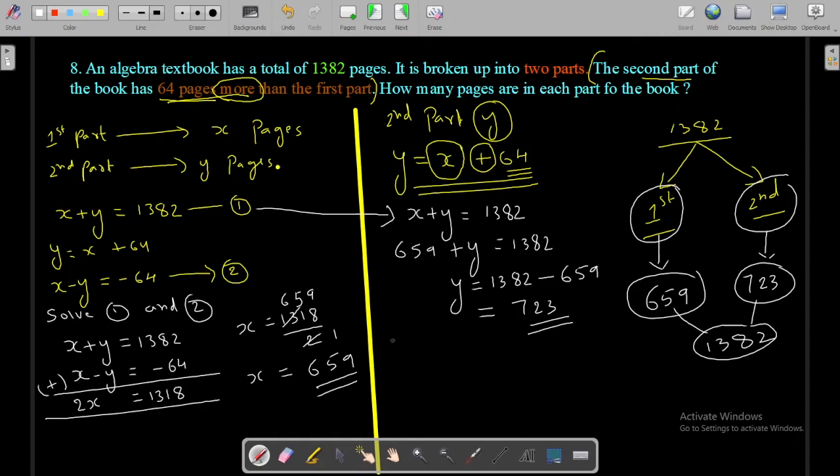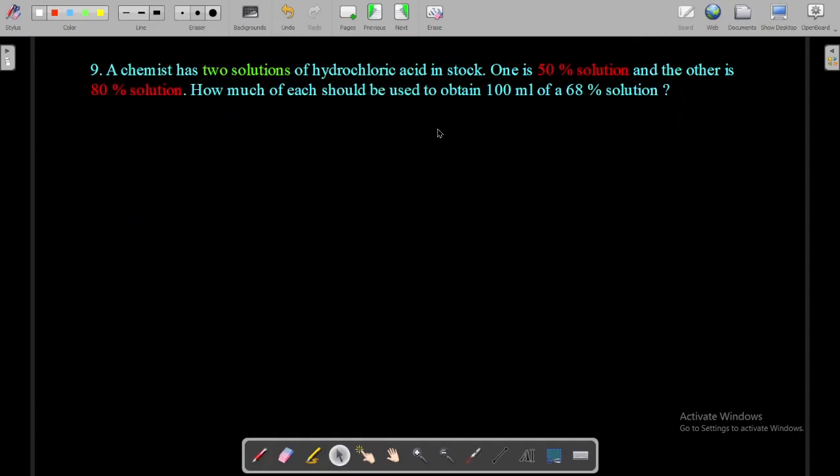Now let us see the next problem. So according to this problem, a chemist has two solutions of hydrochloric acid. So one is 50% solution and the other is 80%. So let us take the two solutions.